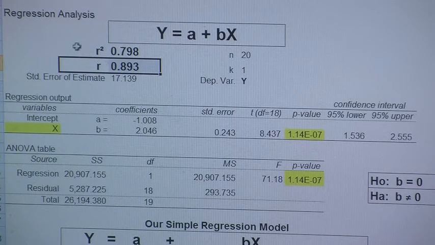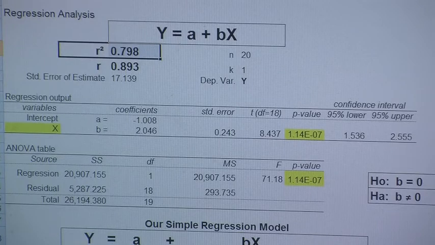It does such a good job that our independent variable x explains about 80% of the variance in our dependent variable y. I'll repeat that. Our independent variable x explains about 80% of the variance in our dependent variable y.